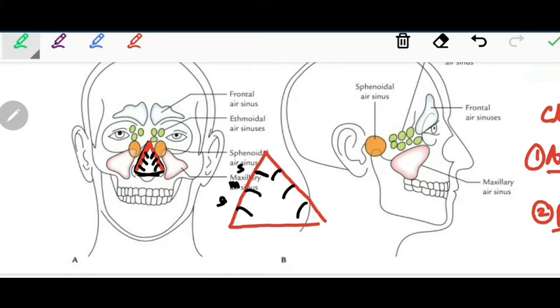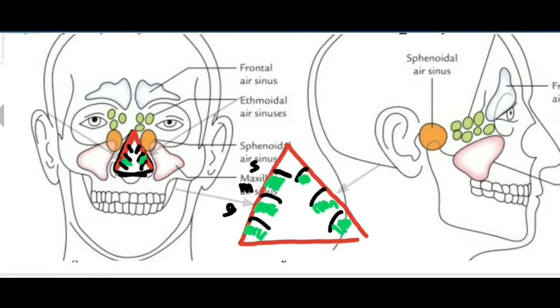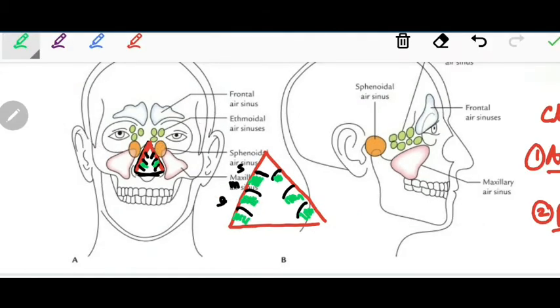The space underneath the superior concha is called the superior meatus, the one underneath the middle concha is the middle meatus, and the one underneath the inferior concha is the inferior meatus. So in the diagram, the middle meatus on both sides is this one. Now what I want to say is that the anterior group includes those sinuses which drain into the middle meatus.